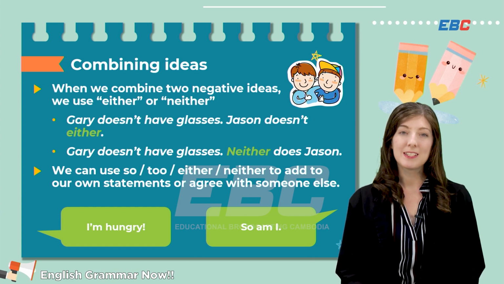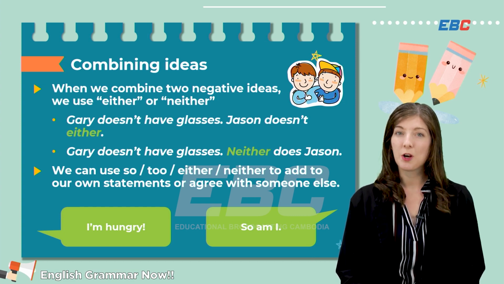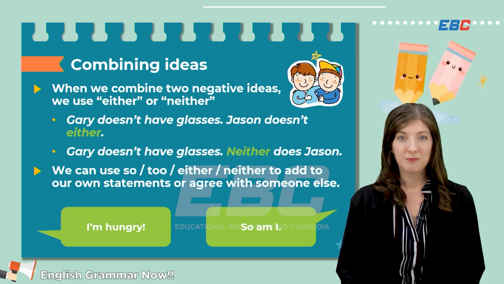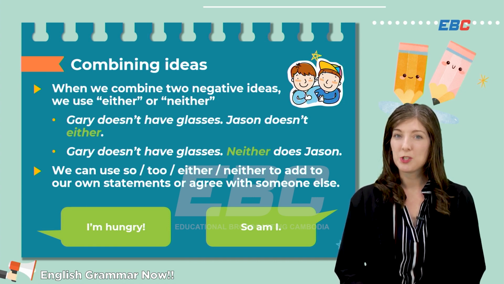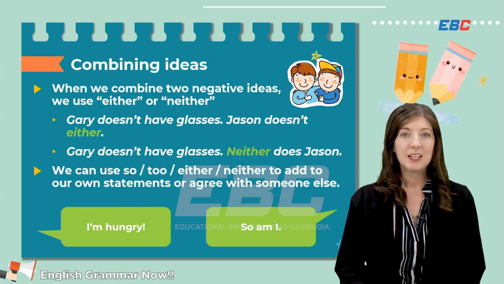When we combine together two ideas that are both negative, we use the words either and neither. Now, the pronunciation of these words can be different, but it doesn't matter which way you choose. You could say either or either.